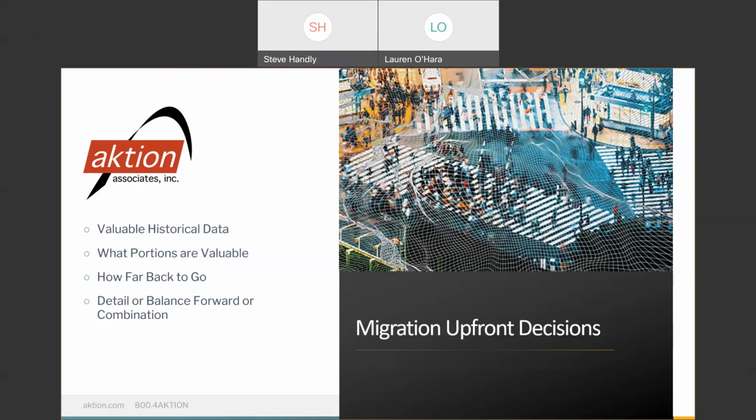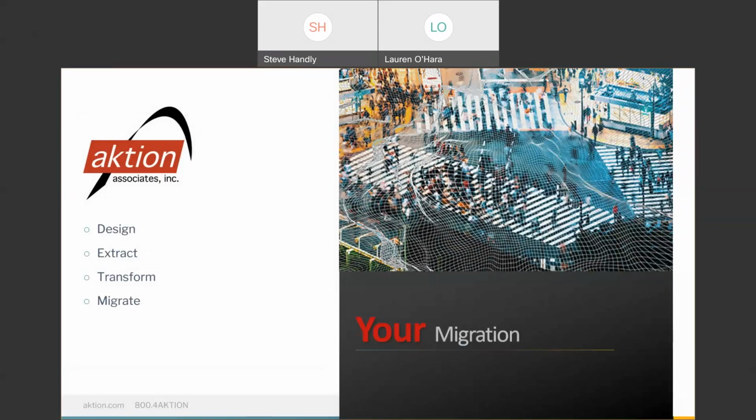And how many detailed transactions versus just balance forwards, or a little bit of both? So we go through that conversation. Those are things to think about when we start looking at a migration. My big thing is this is your migration. This is going to be how it works for your organization, so these aren't necessarily just templated things. It's what you need for your organization.